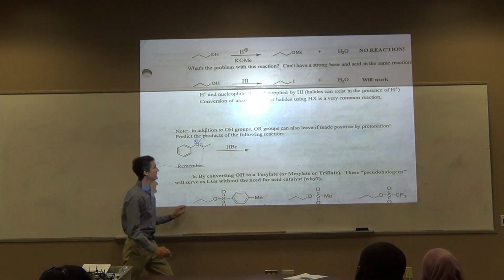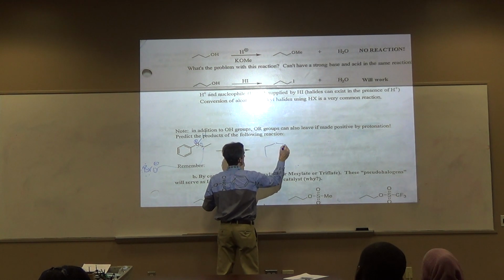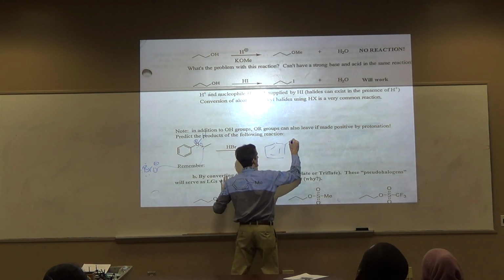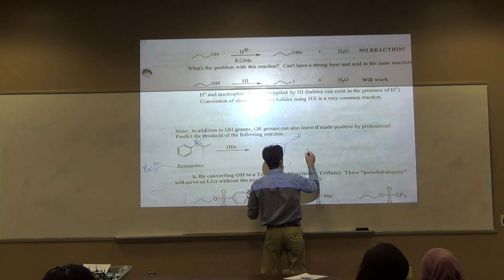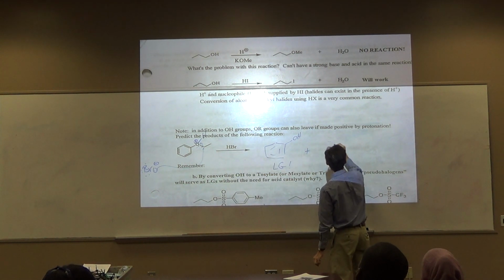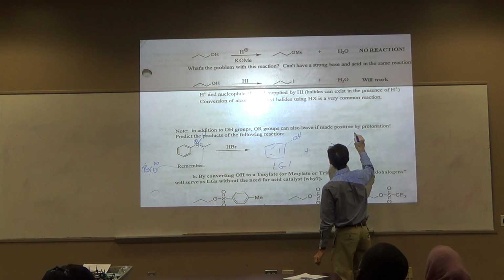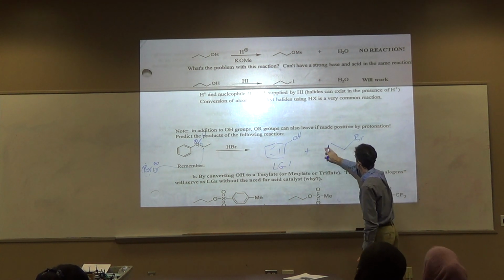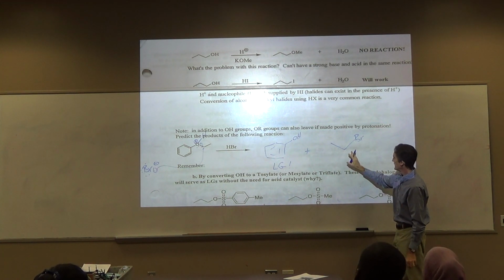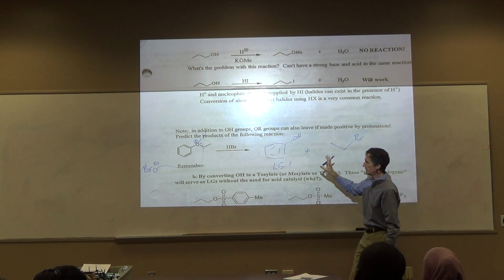What does that give? It gives that, which was the leaving group, plus what? Plus ethyl bromide. That's 2 carbons with a bromine, right?